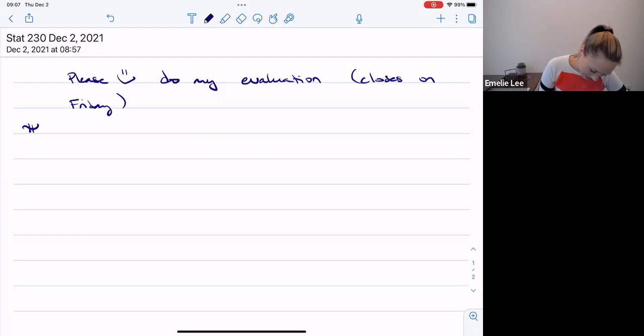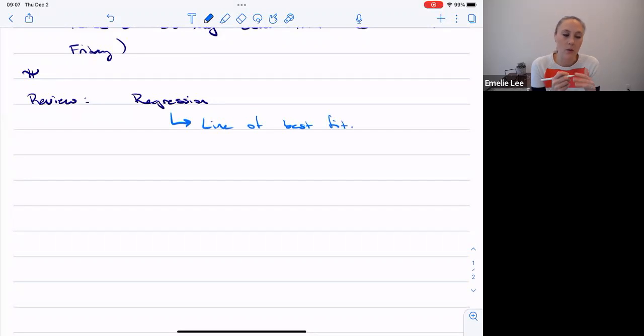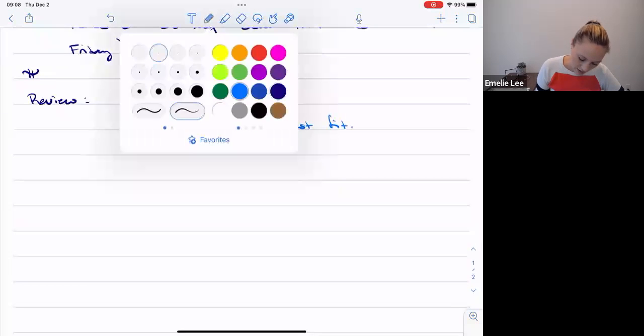All right. For a little bit of review, we started talking about regression. Regression is really just the line of best fit. We talked about how we're going to have some response variable on our y-axis, and then some explanatory variable on our x-axis, and then we're going to try to model the relationship.